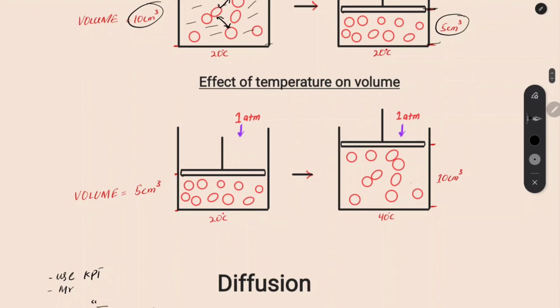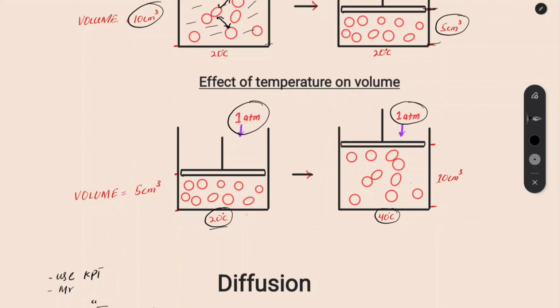And if you increase or decrease the temperature of a gas, what would be its effect on the volume? Suppose you have a constant pressure, 1 atm, in both of these containers. In this container the gas was at 20 degrees centigrade, but by increasing the temperature, molecules will gain energy.